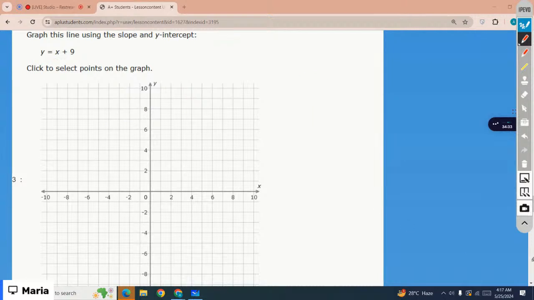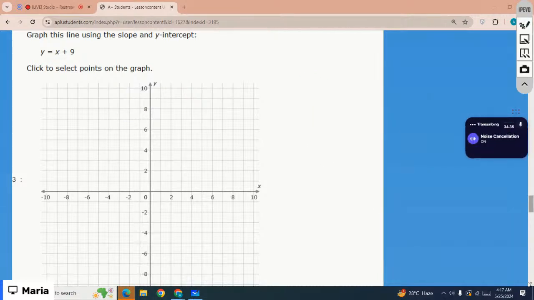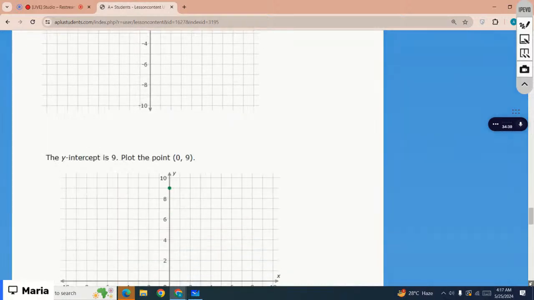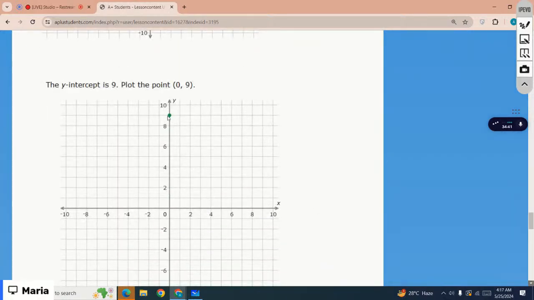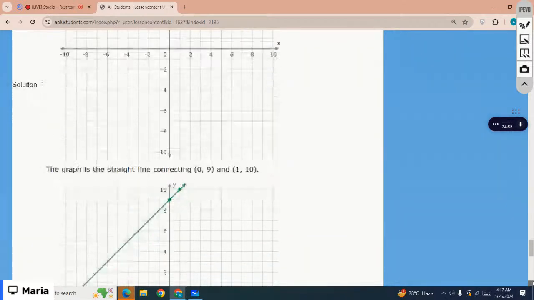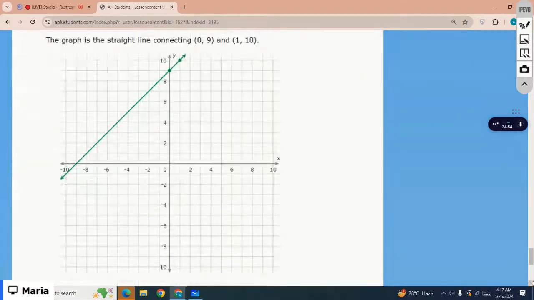Okay, let's just see. Here is the point 0, 9. Then you have the slope. You moved up 1 point and right 1 point, right? So here is the graph of the line.